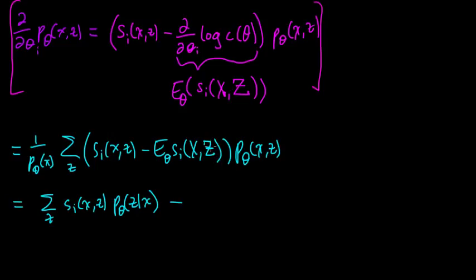So this is not little z here, it is a random variable Z, and this is not a function of little z. So we get the sum of the conditional probability of z given x, and that sums to 1 because we're summing over z. So this is just the expected value of the ith sufficient statistic.